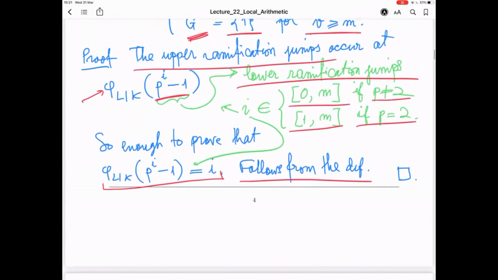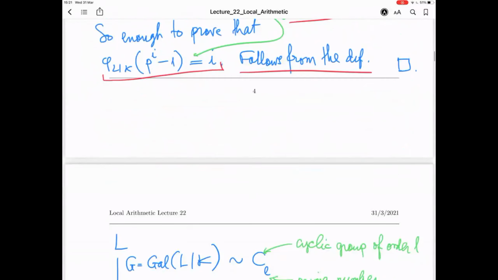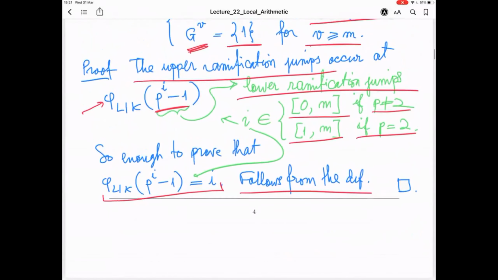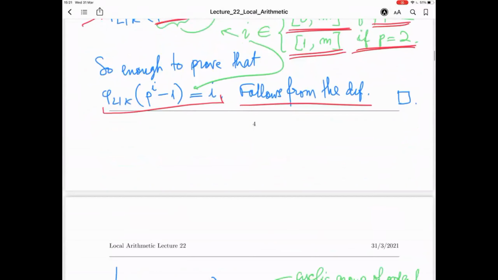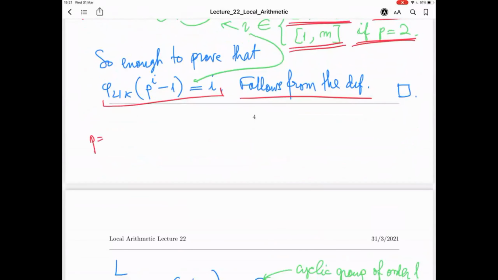So the upper ramification jumps occur at the integers i between 0 and m if p is different from 2, and at the integers between 1 and m if p is equal to 2. In fact, p equal to 2 is special, because when I adjoin to Q_2 a primitive second root of unity, the square root of 1, that is just an extension of degree 1.